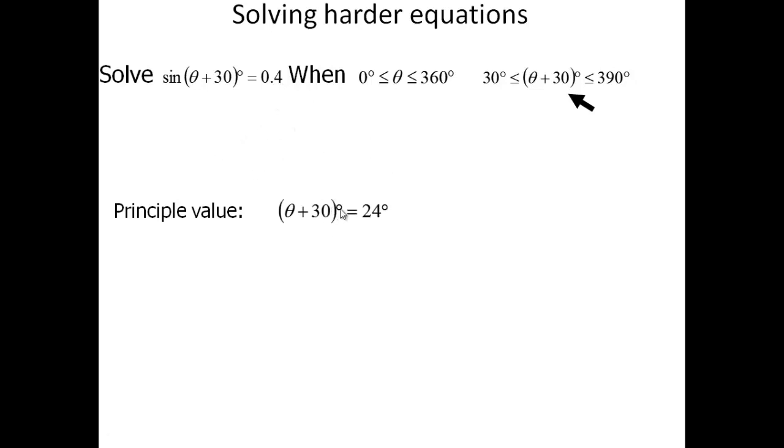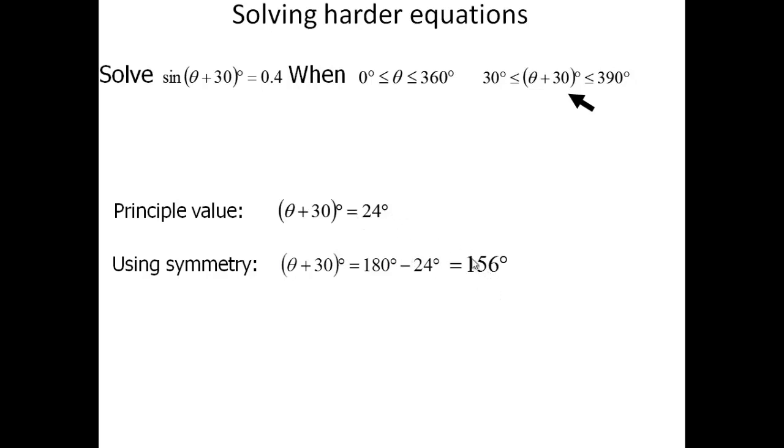Inverse sine of 0.4 gives us 24 degrees, which is actually outside our range, isn't it? It's outside the interval that we're looking for answers within, but that doesn't matter. We can still use it to find the symmetry value, which is 180 minus 24, 156.